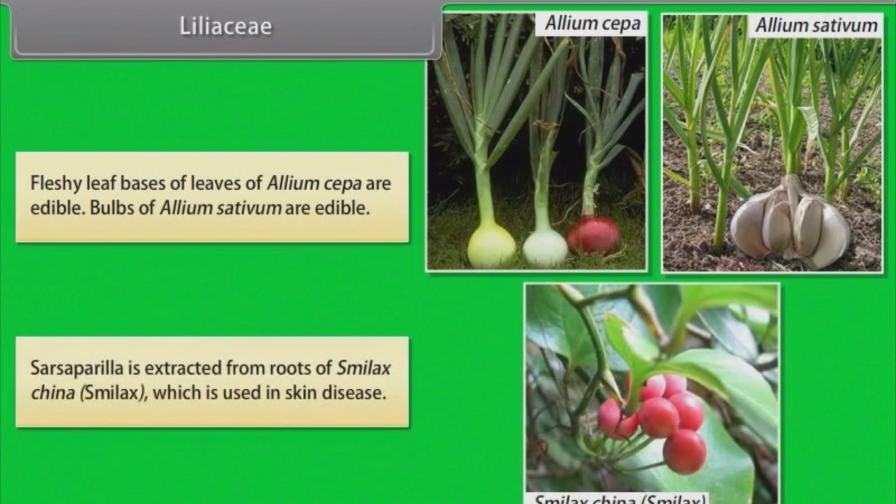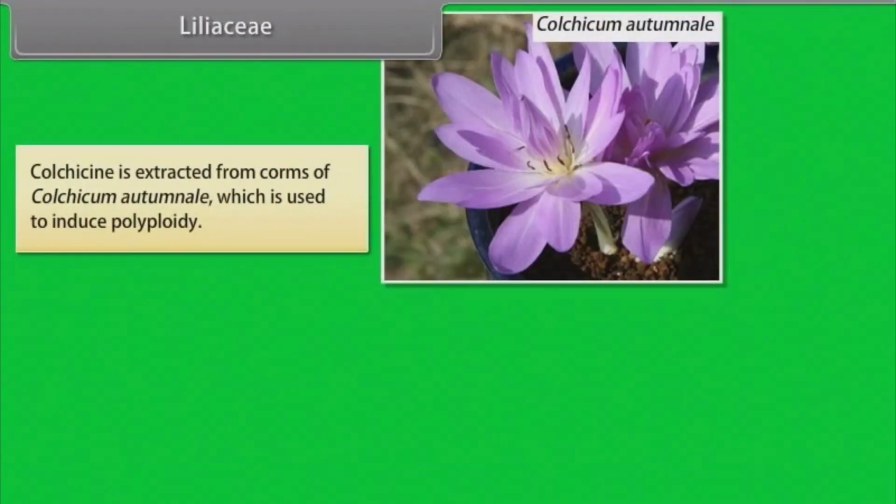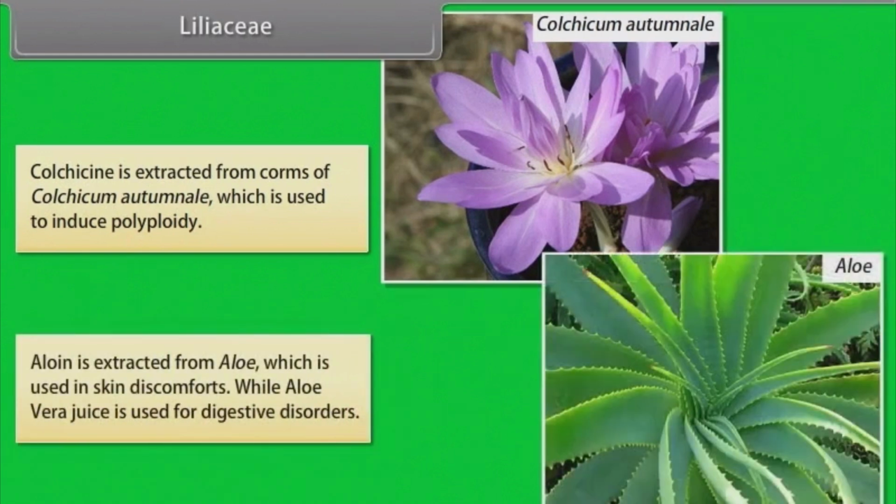Sarsaparilla is extracted from roots of Smilax china, which is used in skin disease. Colchicine is extracted from corms of Colchicum autumnale, which is used to induce polyploidy. Aloin is extracted from Aloe, which is used in skin discomforts, while Aloe vera juice is used for digestive disorders.